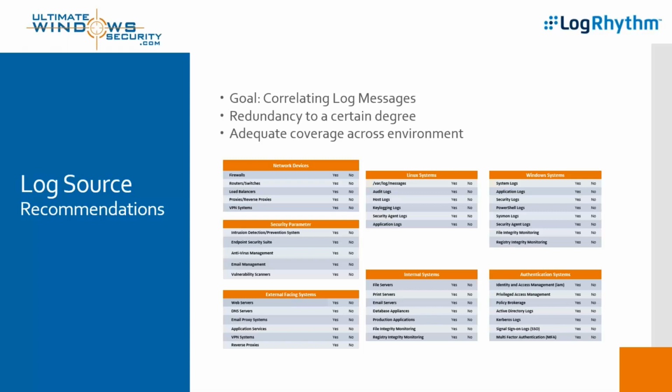And then you want to move into your security systems. Do you have your EDR logs, email logs coming in, vulnerability scanners, are they logging properly? Your AV systems that we'll talk about in a little bit. And then naturally your other internal systems, your file servers, emails, your authentication systems, your Radius servers, Kerberos logs, AD systems, your VPN systems, as far as your network security systems, proxy logs, emails.